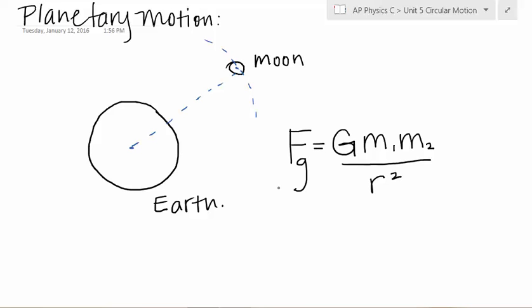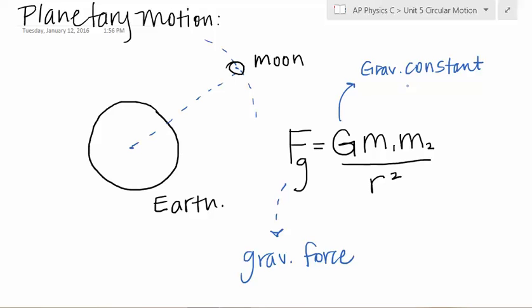Okay, so this F sub g is the gravitational force. Capital G here is the gravitational constant, and that number is 6.67 times 10 to the negative 11. And M represents the masses, and mass would be measured in kilograms, just like always. And R is not always a radius.